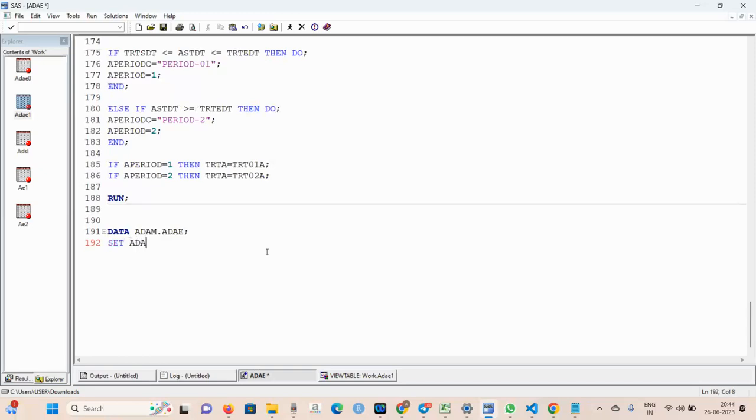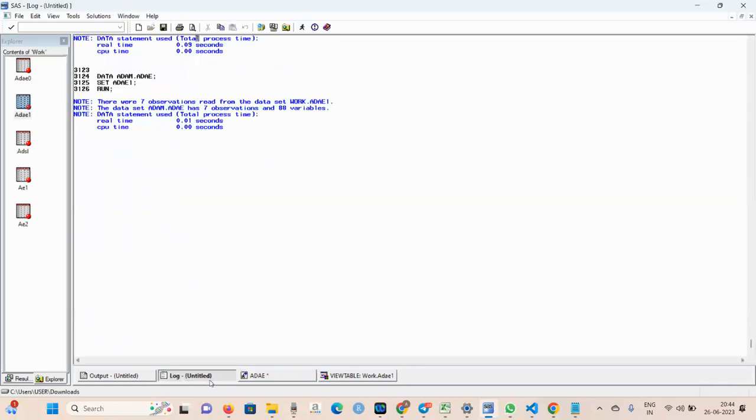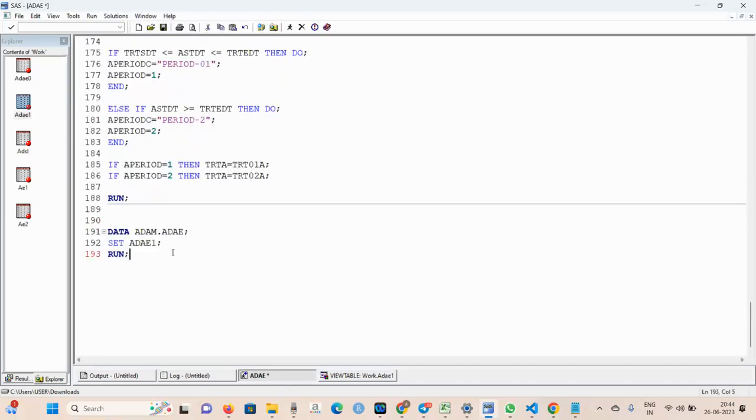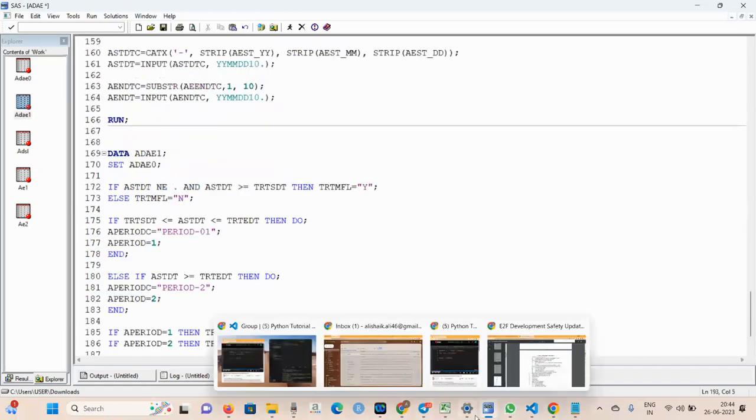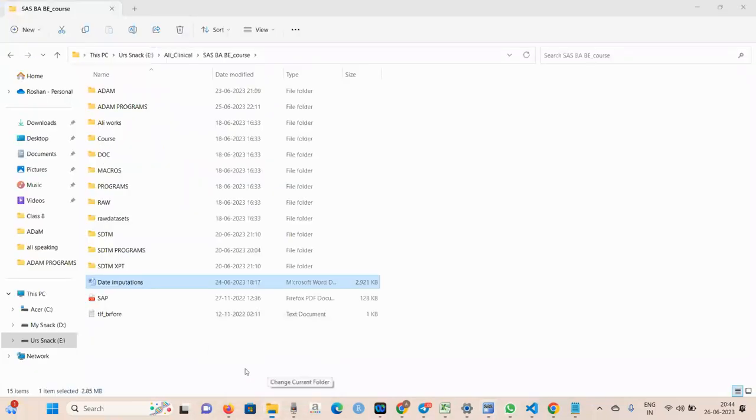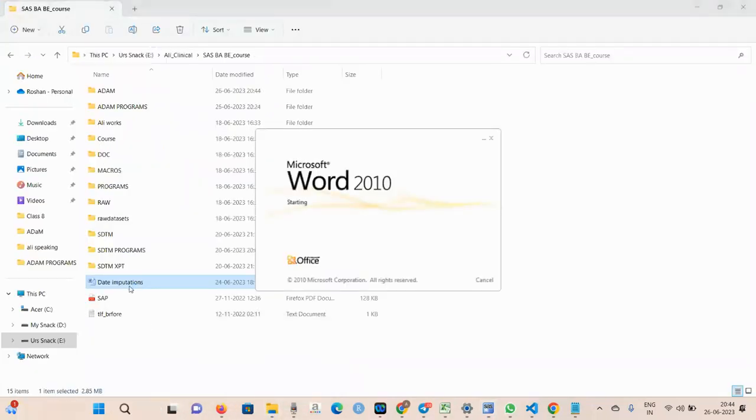And set ADA1. So everything went into the ADAM library. Up to here the ADAE was done.